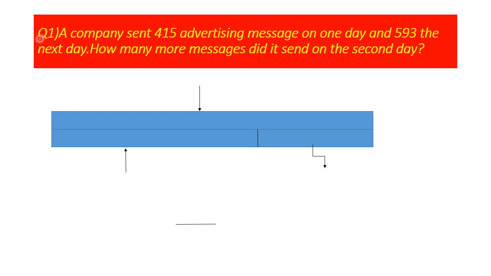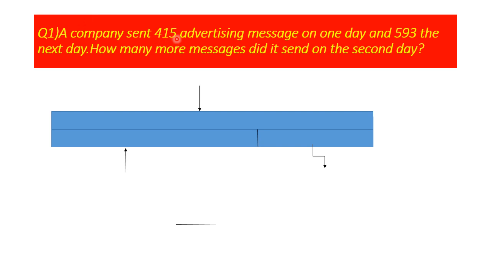The question is that a company sent 415 advertising messages on one day. Okay, that's clear. And 593 the next day. How many more messages did it send on the second day? Right.